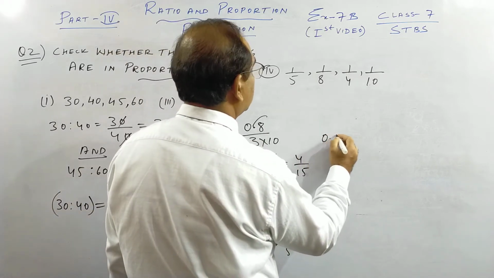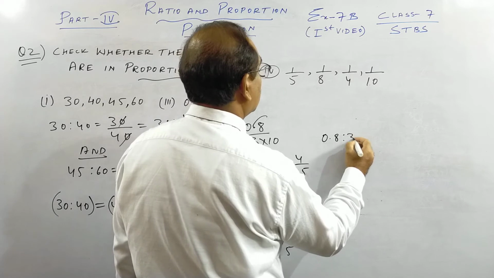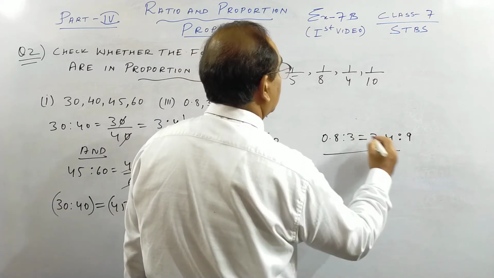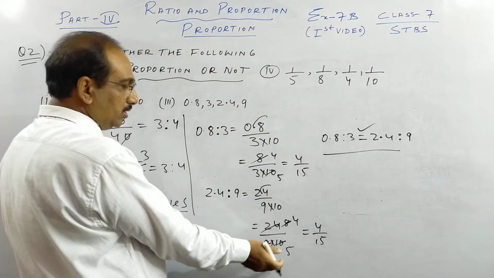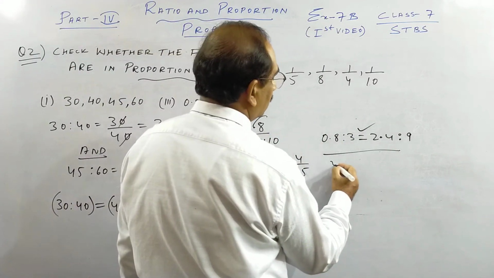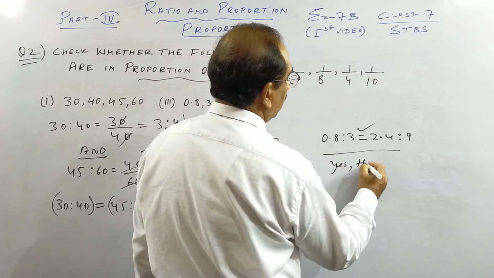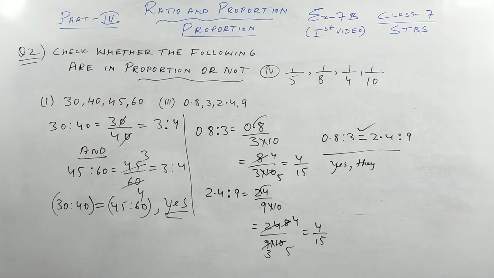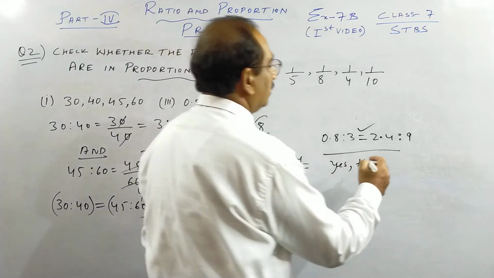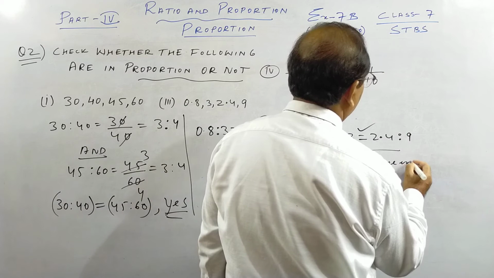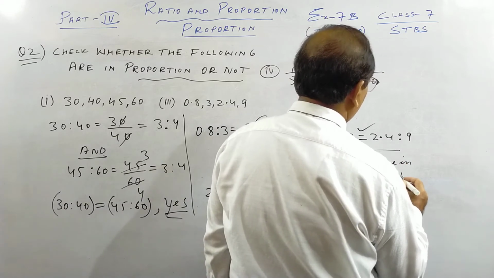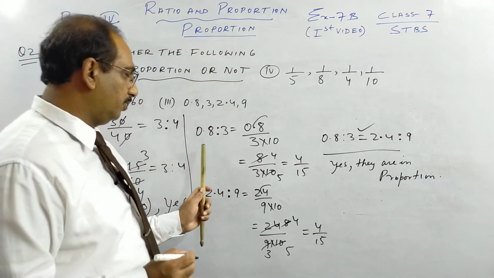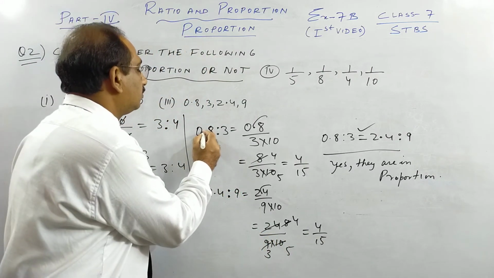So here what we see, children, this is to 3 is equal to 2.4 is to 9. Yes, they are equal. You see, they are each equal to 4 by 15. So you write yes, because they have asked whether the following are in proportion or not. So you write yes, they are in proportion, because first and second, third and fourth, this is decimal, children, here.